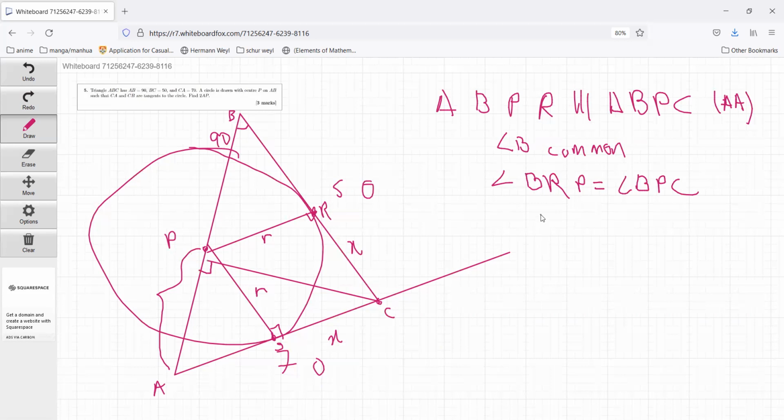So from similar triangles, we have that this side, sorry, let me also label this as Q. So CQ and PR are both opposite to angle B, and PR is equal to BP, which is 90 minus AP.